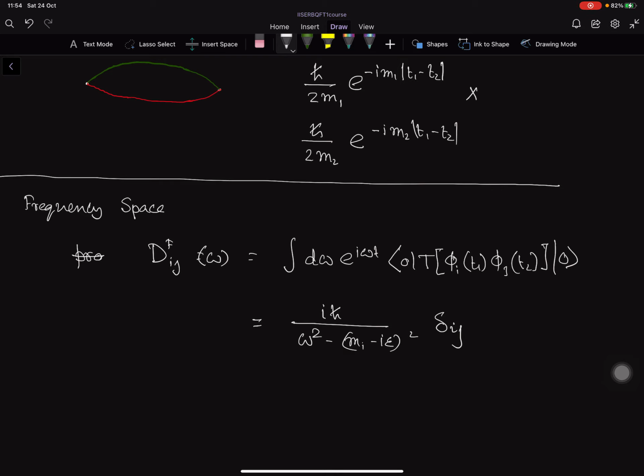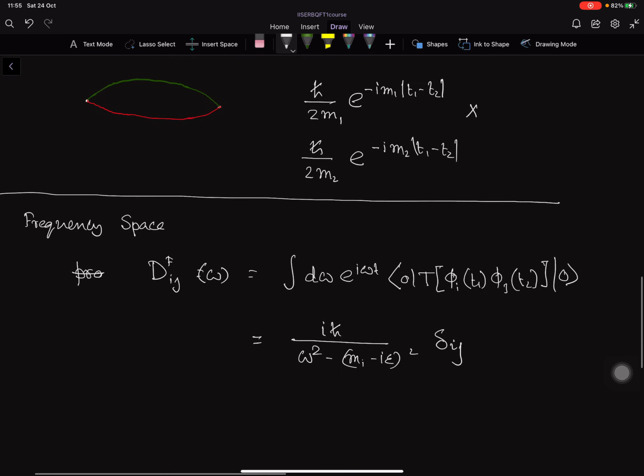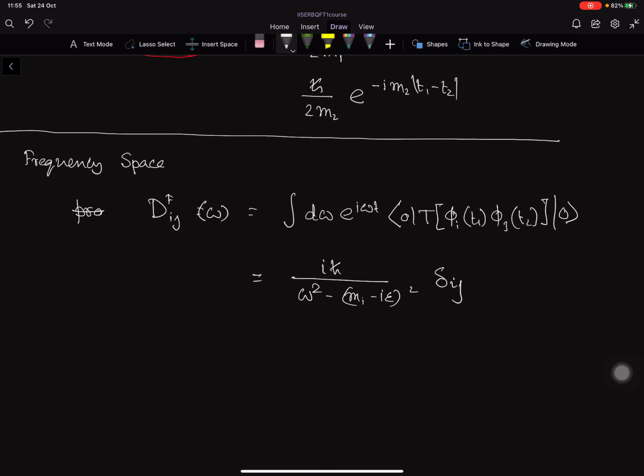I mean, for this we are doing it for two scalars, but if the i and j index runs over multiple indices, this is also suitably modified.